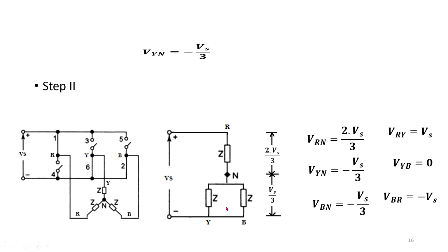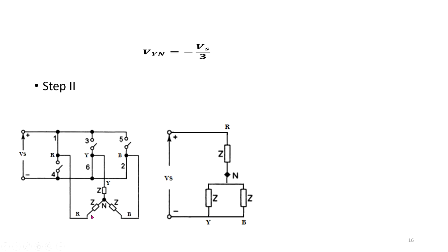RY, YB and BR. This is a clockwise sequence. You can easily remember this one. The line voltages are taken in a clockwise sequence, RY, YB and BR.